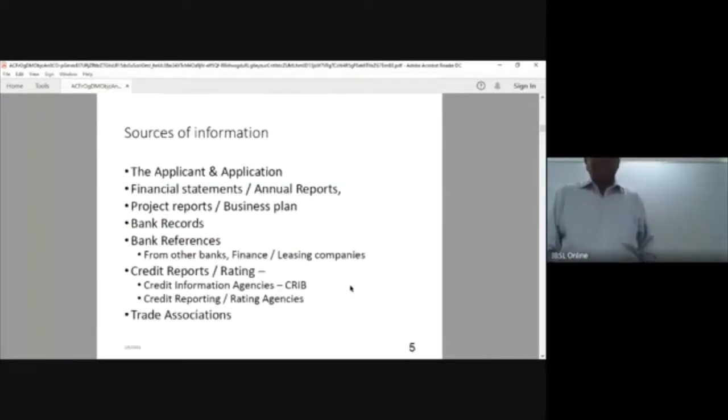Sources of information. So what are the sources of information? The applicant himself will provide, and his application.